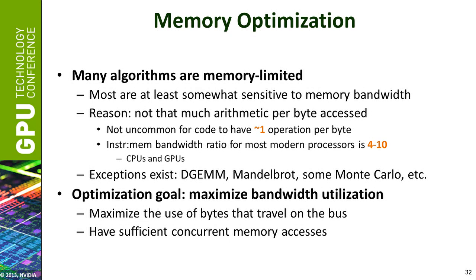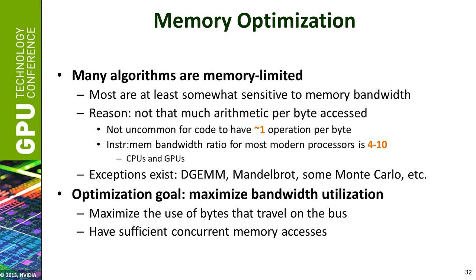If we look at modern processors, not just GPUs, but also x86 sockets, and take the ratio of peak flops or integer operations to peak memory bandwidth, those ratios are somewhere between 4 and 10 today. So hardware has a lot more arithmetic throughput than memory bandwidth.